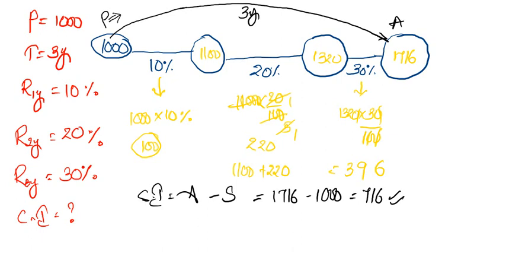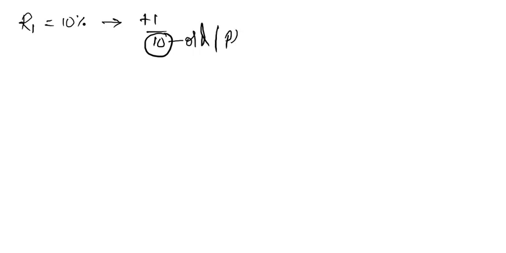Now let's see. The interest for the first year is how much percent? 10%. 10% is nothing but plus 1 by 10. The denominator is your old value, that is principal or sum, and this is your increased value.